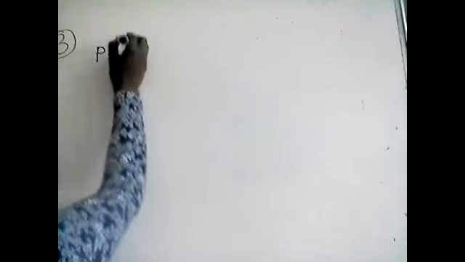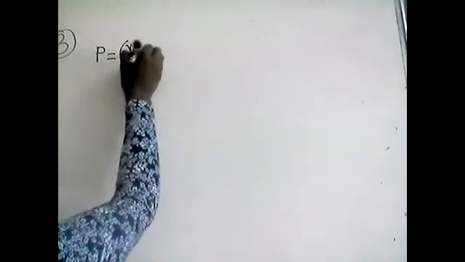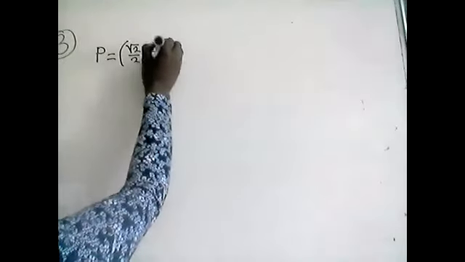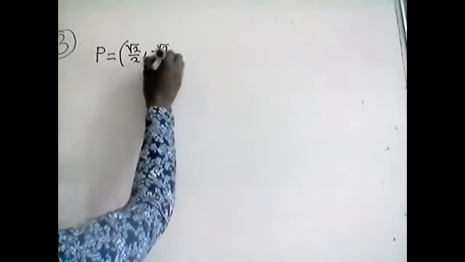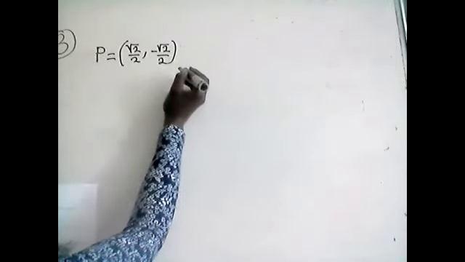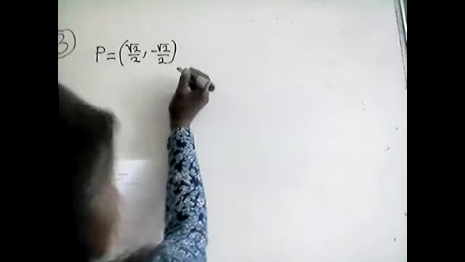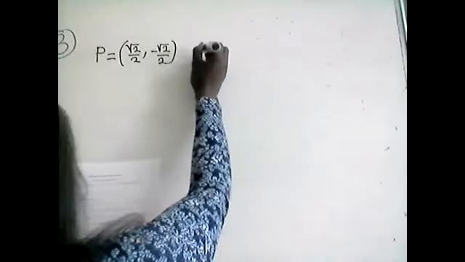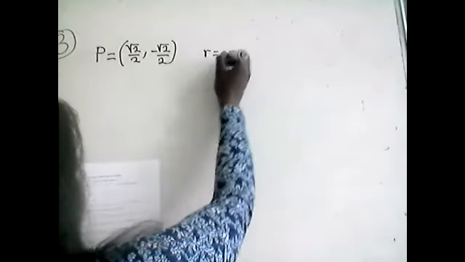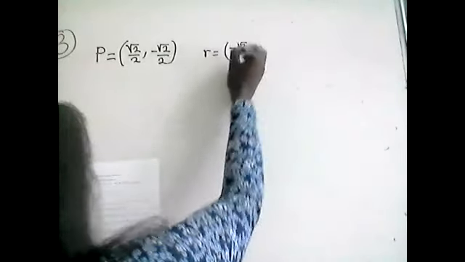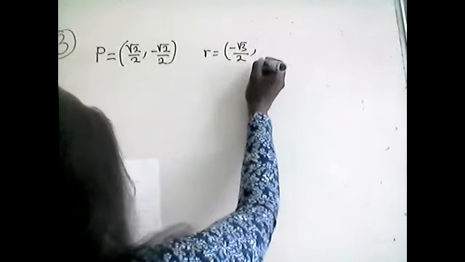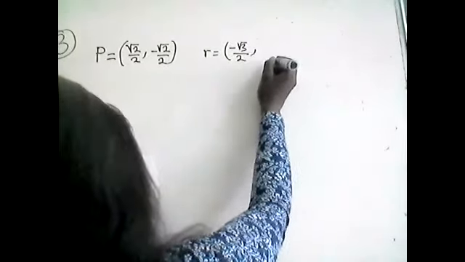We're still on question number 3C, which is vector P equals root 2 over 2, negative root 2 over 2, and then we have our vector R, which is equals to negative root 3 over 2, negative root 3 over 2.